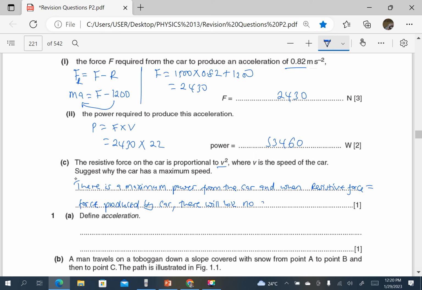When the resistive force balances with the force produced by the car, there will be no acceleration because the resultant force is zero. That means the speed must remain constant, hence maximum speed.